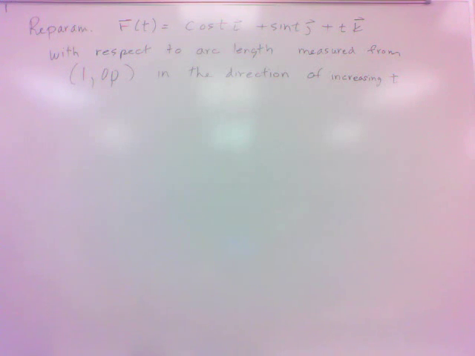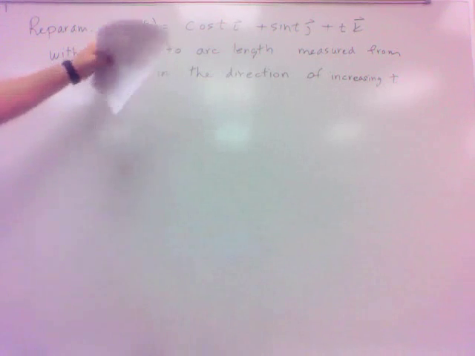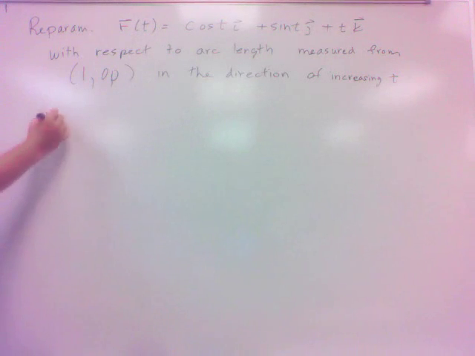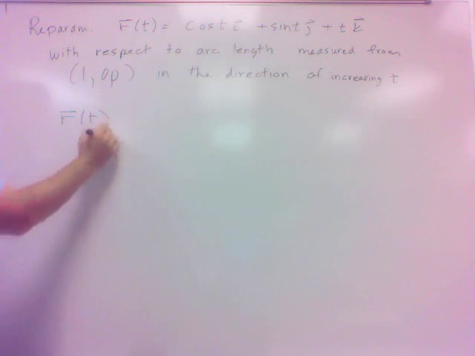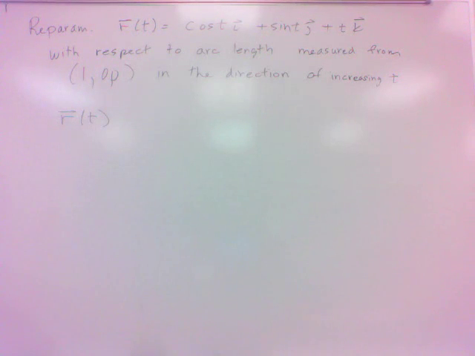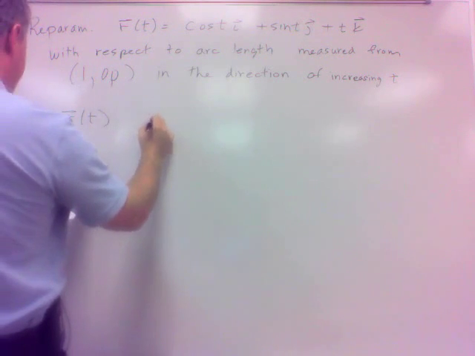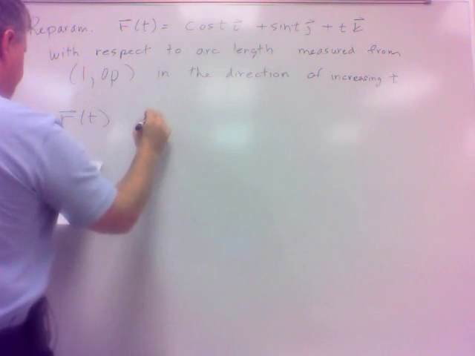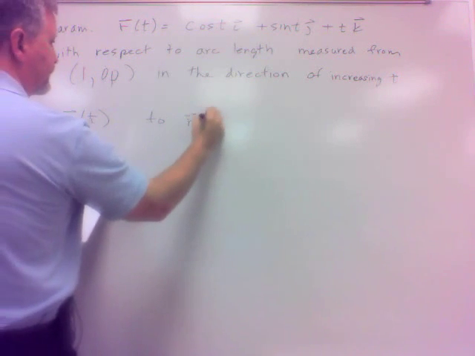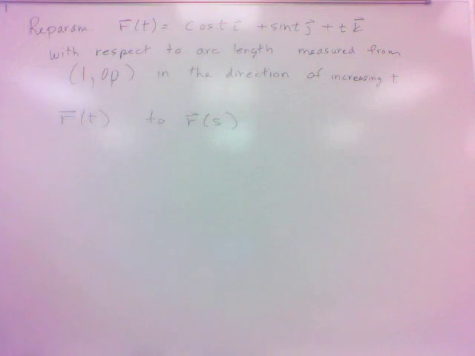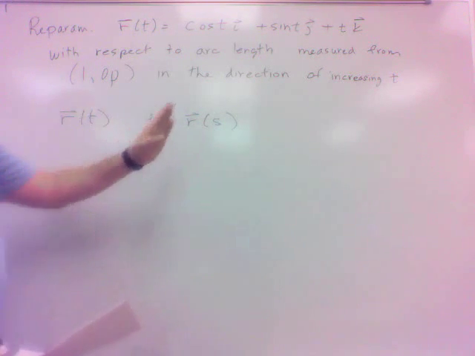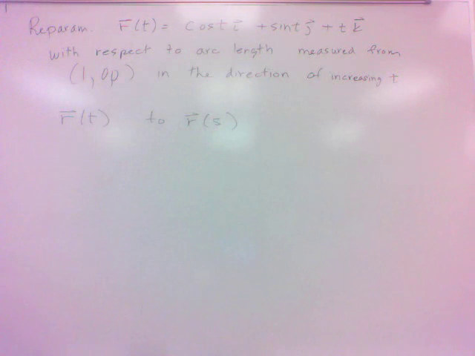All right, so here's what we basically want to do. We want to change from our vector being r of t to the vector in terms of s. In other words, we're using a different parameter: instead of time t, we're using arc length s.